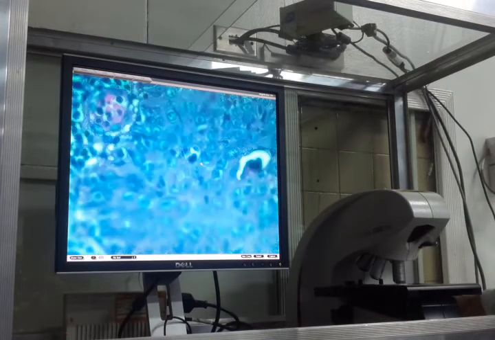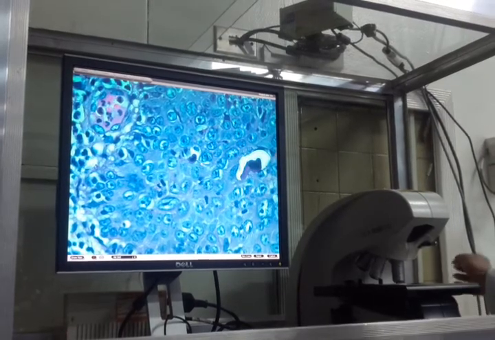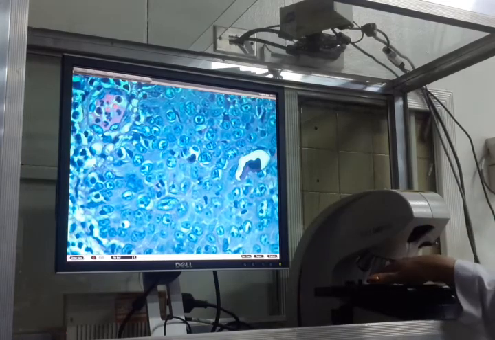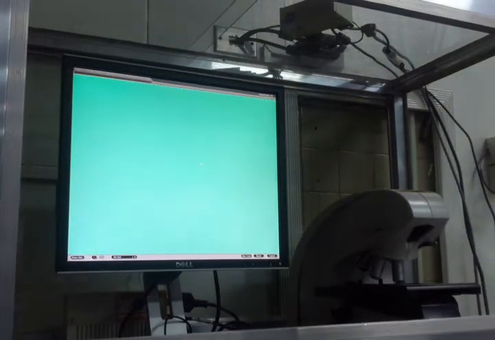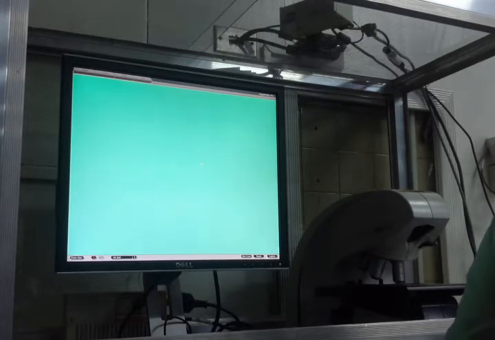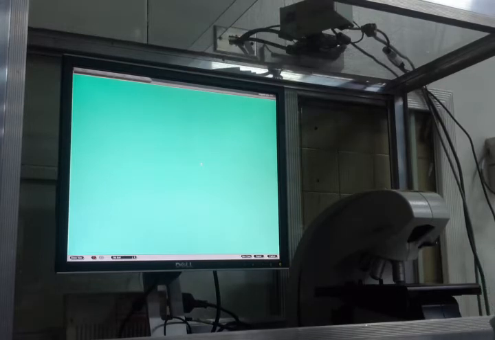Huwag nyo nang i-miss to ha, na-miss nyo na to sa histo eh. Dito, tamain nyo na pagka pinakita sa inyo yung apoptosis. Pwede nga tanong sa inyo, what is the difference between this cell and necrosis? Ang necrosis, may inflammatory component. This is programmed. Usually, isa lang ang nagkakaroon ng ganito. Isang cell lang ang magka-apoptosis.